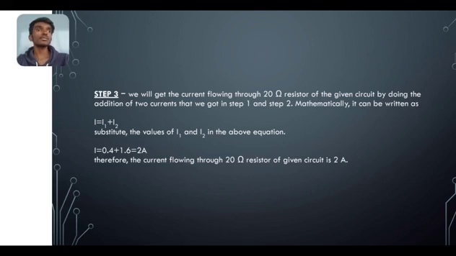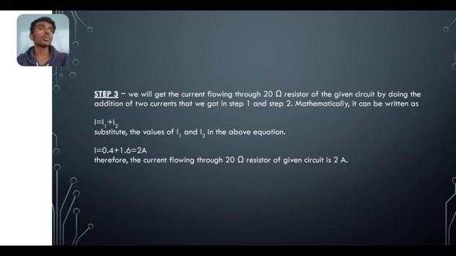Step 3. We will get the current flowing through the 20 ohm resistor of the given circuit by adding the two currents that we got in step 1 and step 2. Mathematically it can be written as I is equal to I1 plus I2.